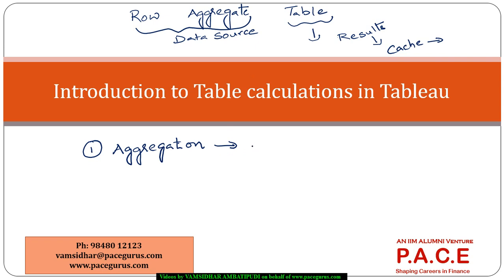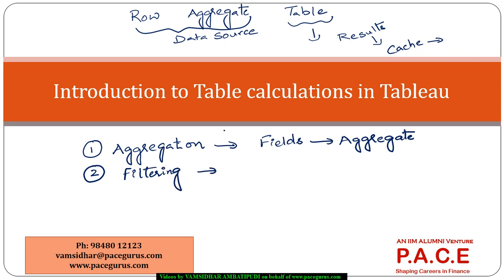I cannot reference the fields in a table calculation without referencing them as an aggregate. Whatever fields are there in the table calculation, all of them need to be aggregates only. That's one aspect. Two, regarding the filtering, we need to have some level of clarity.